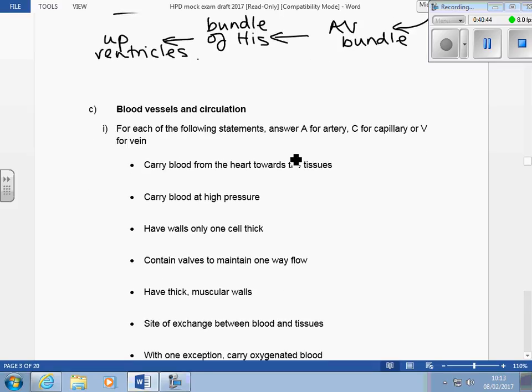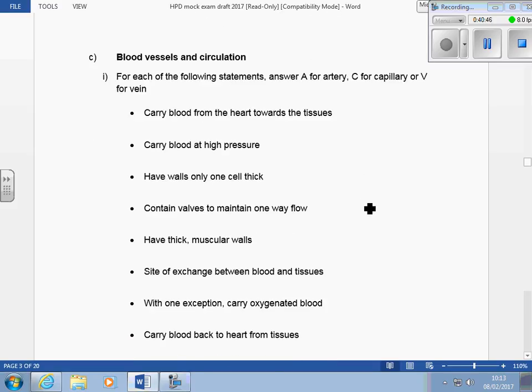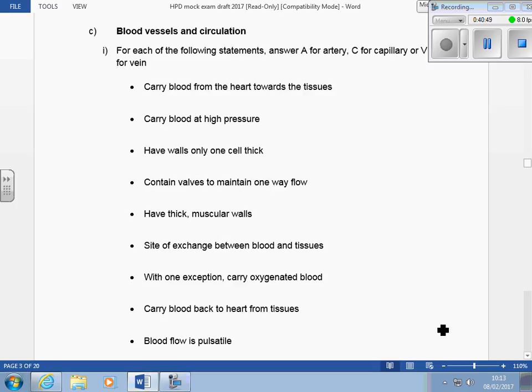For blood vessels, this is just identifying the differences between arteries, veins and capillaries. The exam is really arteries and veins, but we need to weed the capillaries out. So which is which here? Which ones are carrying blood from the heart towards the tissues?